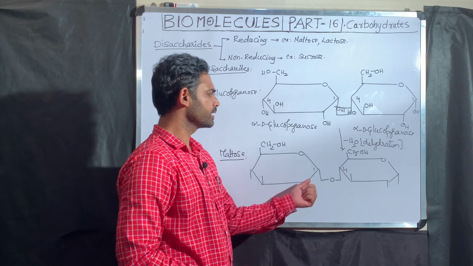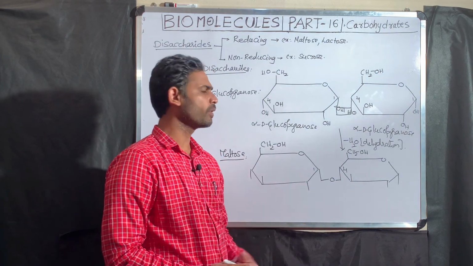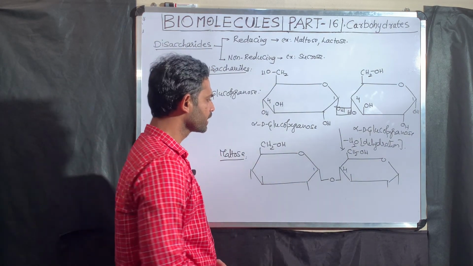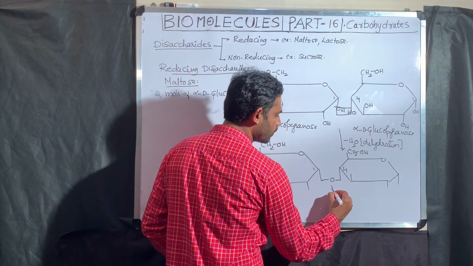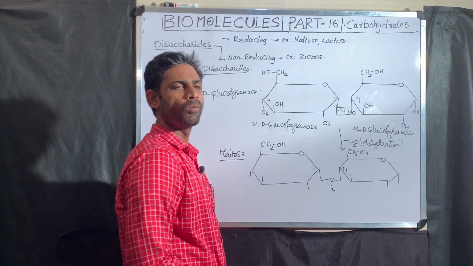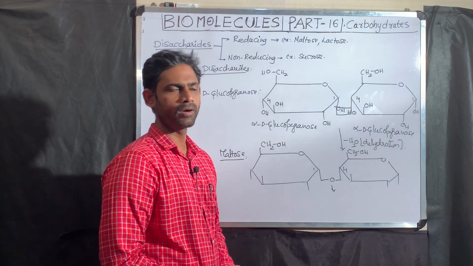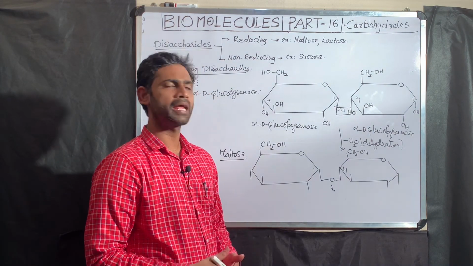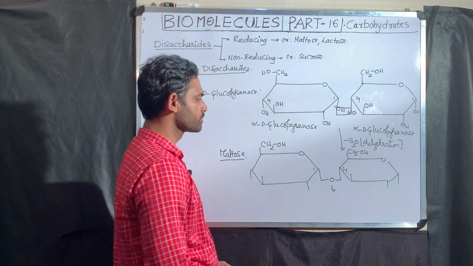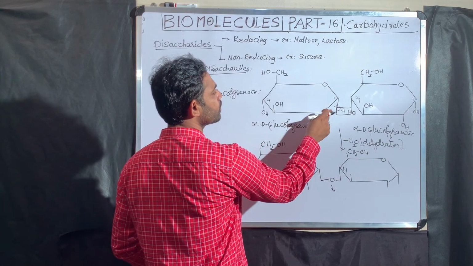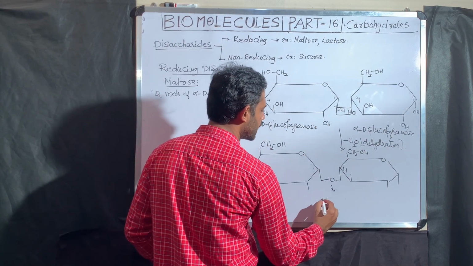Before going on to explain this, what is the name of this bond? Any bond that links sugars, we know, is a glycosidic bond. What is the name of the glycosidic bond present in maltose? The first sugar belongs to the alpha sugar, so that is alpha.